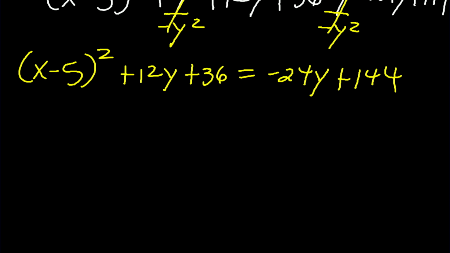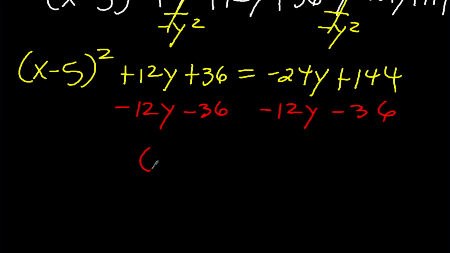So to do that, I subtract 12y from both sides, and I'm going to go ahead and subtract off the 36 from both sides. So when I do that, I'm going to have left on this side just x minus 5 squared is equal to, and notice the 12y when I subtract it off zeroes out, and the 36 when I subtract it off zeroes out.